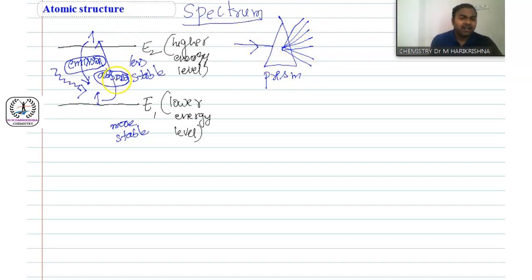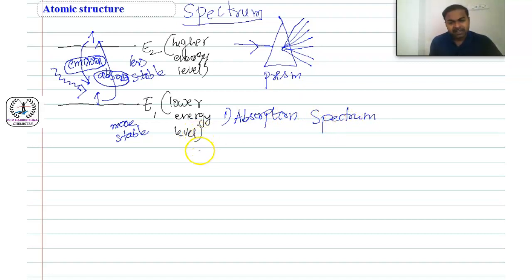So here, when an electron present in the E1 level goes to the higher energy level by absorbing some amount of energy, in this case we can observe the absorption spectrum.